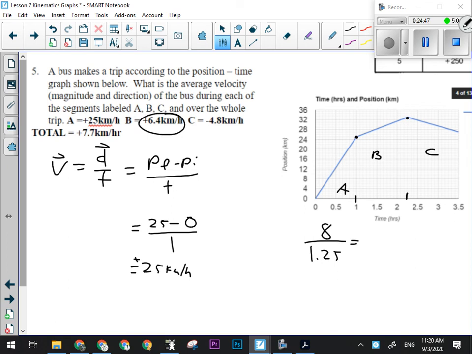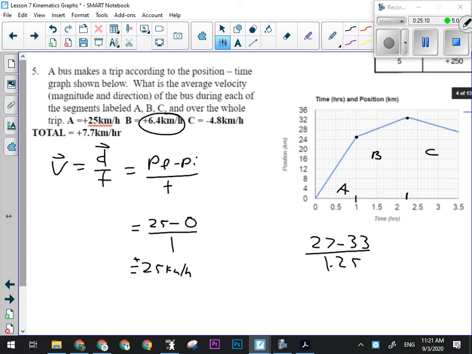All right, and then our last one. Our final position is 27, so 27 minus our initial position, which was 33, and that takes another 1 1/4 hours because it goes from 2 1/4 to 3 1/2.